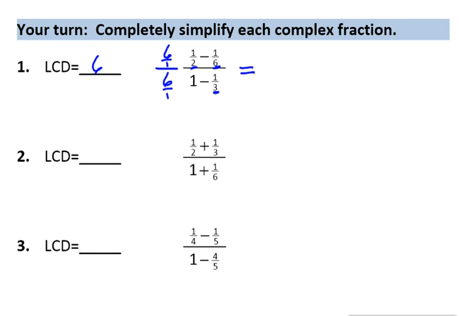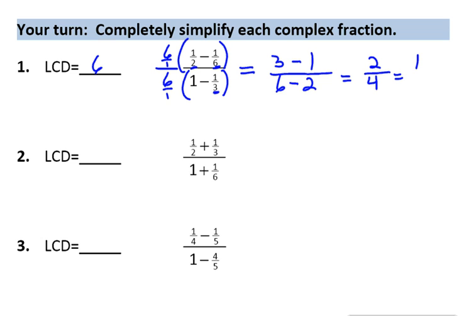So 6 times 1/2, that's 6/2, which is 3. Then 6 times a negative 1/6, so that's 6 over 6, which is 1. Then we're distributing here. 6 times 1 is 6, minus 6 times 1/3, that's 6/3, which is 2. And that's going to be 2 over 4, which reduces to 1/2.